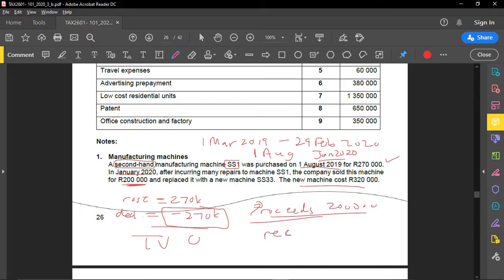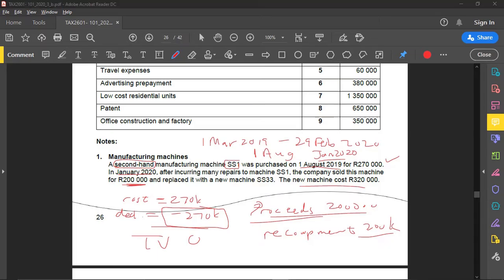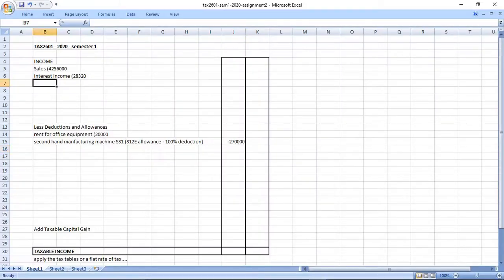So there's going to be a recoupment here of 200,000, purely because you've made, in inverted commas, a profit on sale of the asset. We need to show that recoupment here. Recoupment from second-hand vehicle sold. I think it is a good idea to show that.